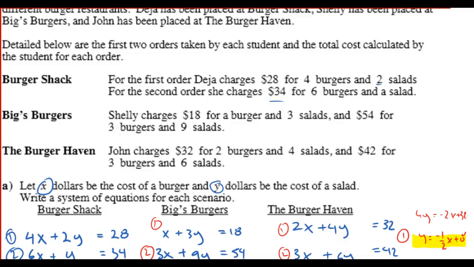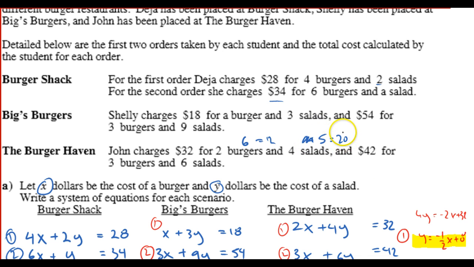Let's say the burger is $6 and the salad is $5. So $6 times 2 burgers is $12, and 4 salads at $5 is $20.